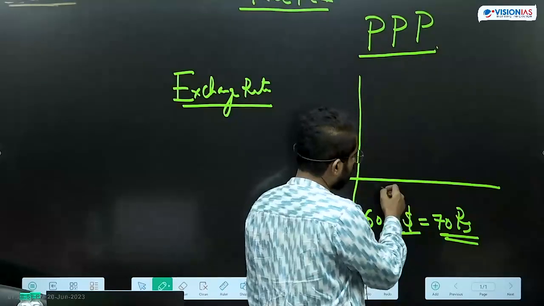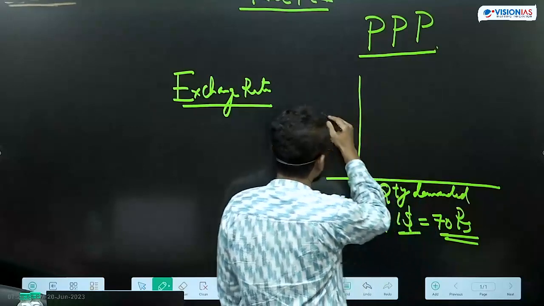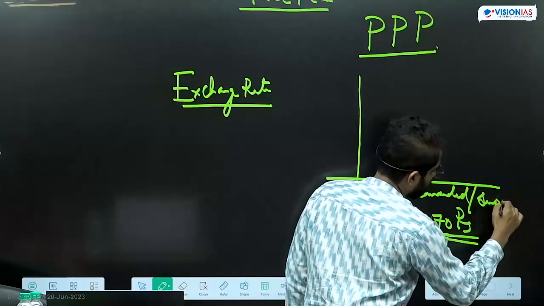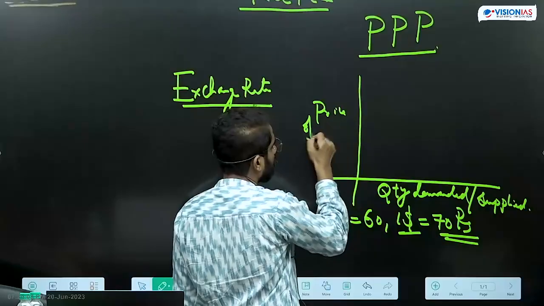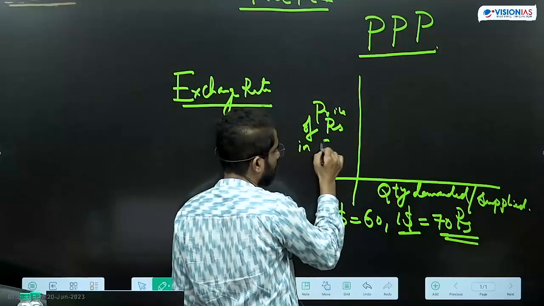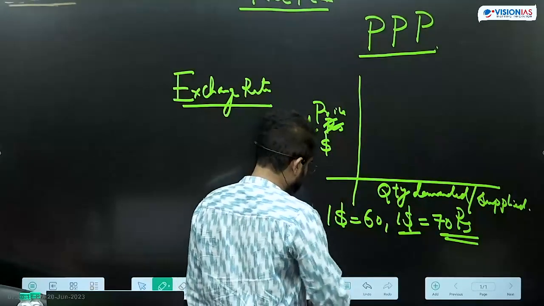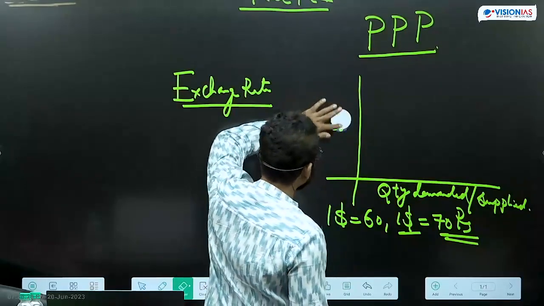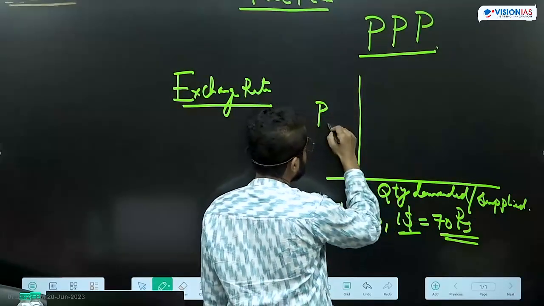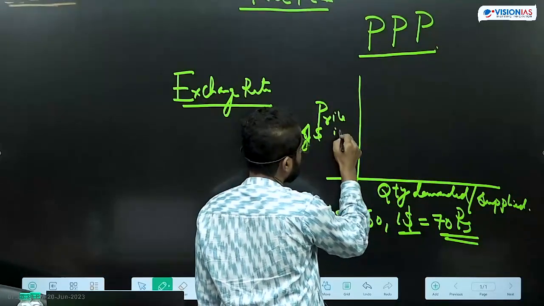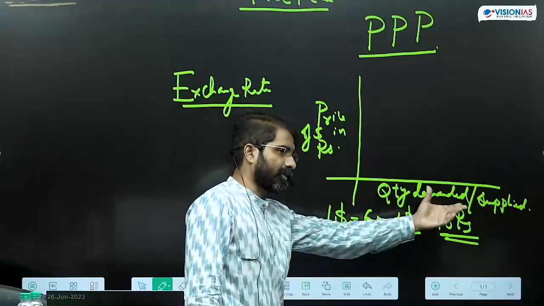Here let's put quantity demanded as well as supplied on the x-axis. And on the y-axis I am putting the price of dollars in rupees. So I'm taking quantity demanded or supplied of dollars, and price.